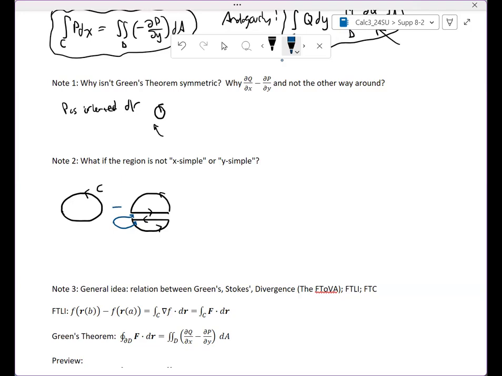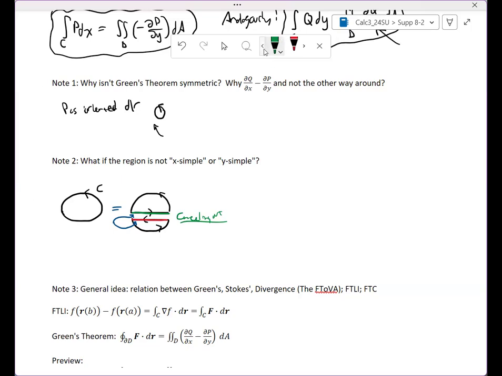I notice that these curves really are equal in a sense, because this bottom curve is traversed moving to the left, and the top curve is traversed moving to the right, so they end up canceling out. Because the directions are opposite, the contribution to any line integral is, one is the negative of the other, and then we add them all up and those pieces cancel out.